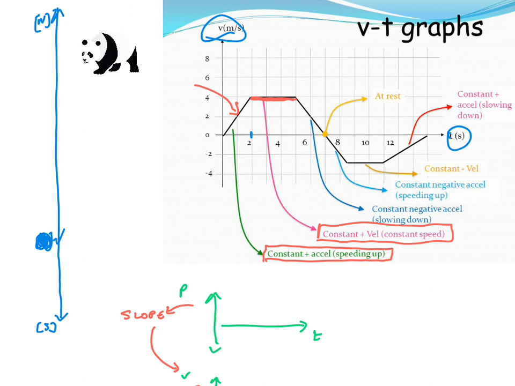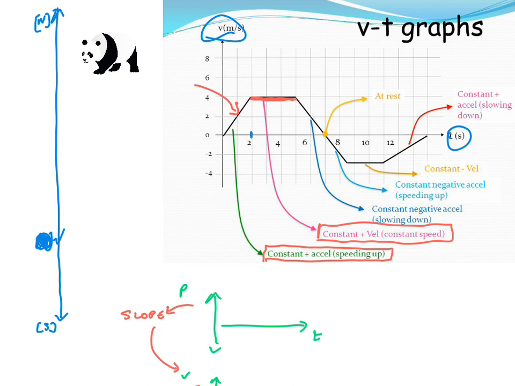Okay, so let's look at the panda in the section that is shown by a yellow arrow, so between 5 and 8 seconds. We notice that the velocity slope, which we have said that when there's a change of velocity it's equal to acceleration, actually slopes the other way.